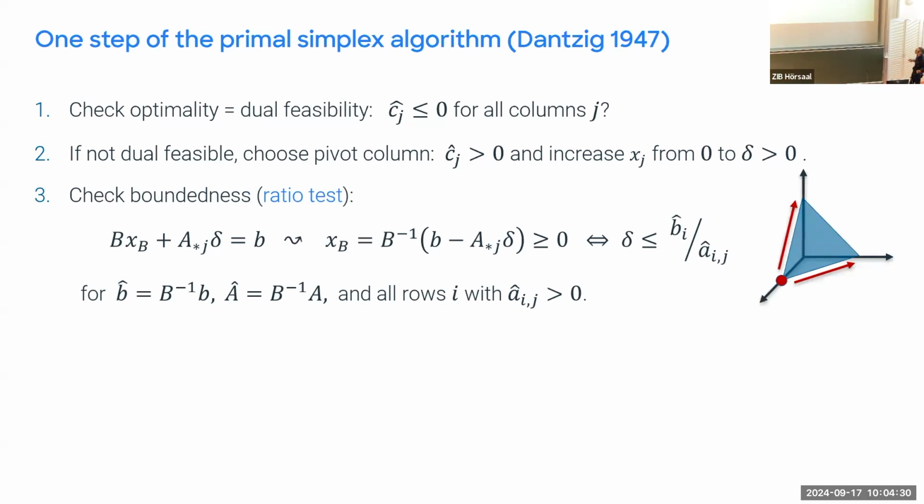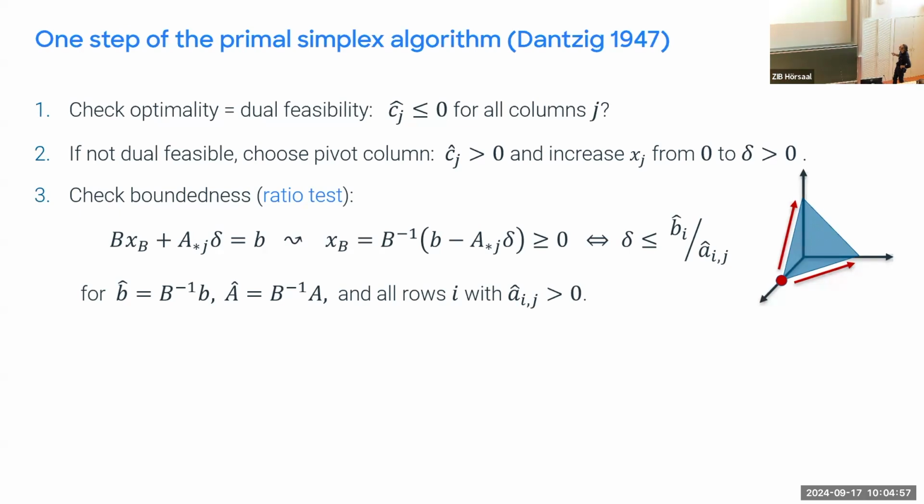And then you need to compute how far you can actually do this until you reach another vertex. And it turns out that the formulas look like this. So you need to also multiply the column of this non-basic variable with the basis inverse.